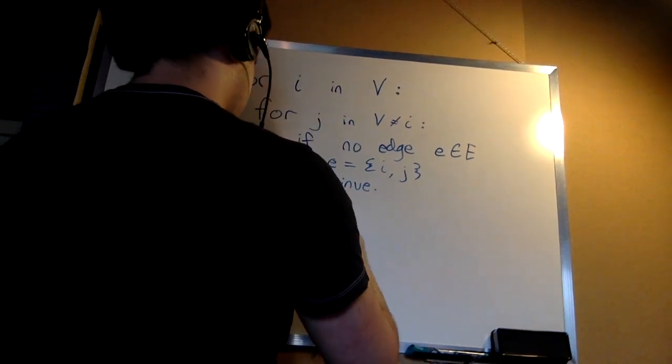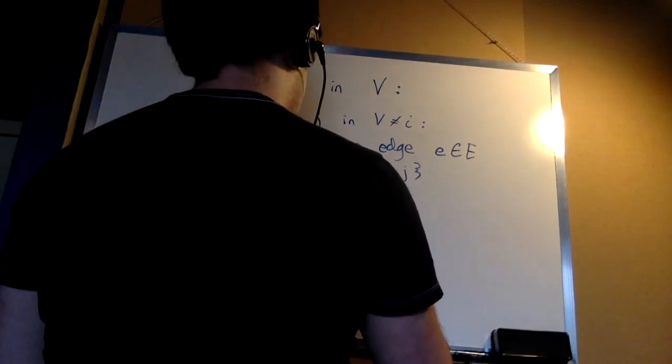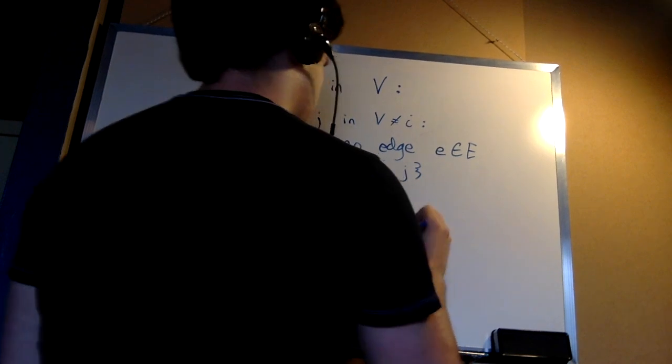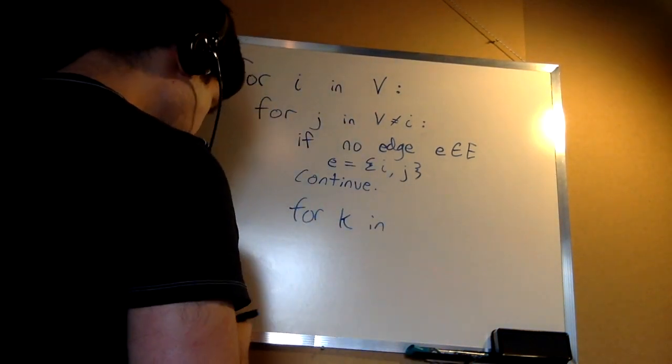Okay, and then for K in V, which is not equal to, oh, that's not an edge, that should be just a list.